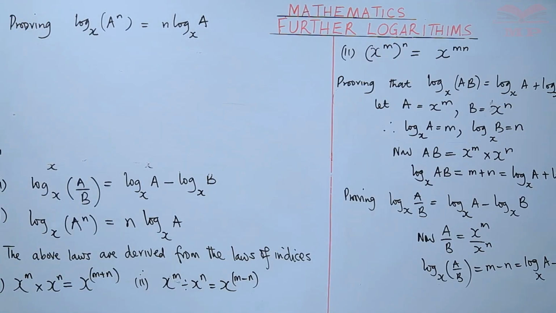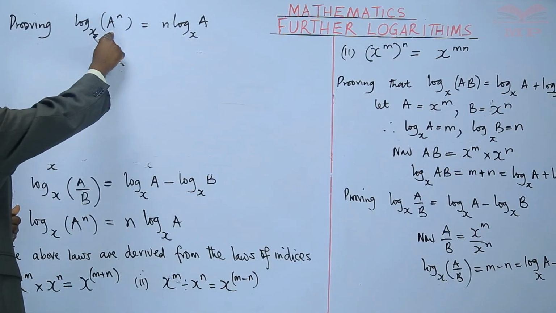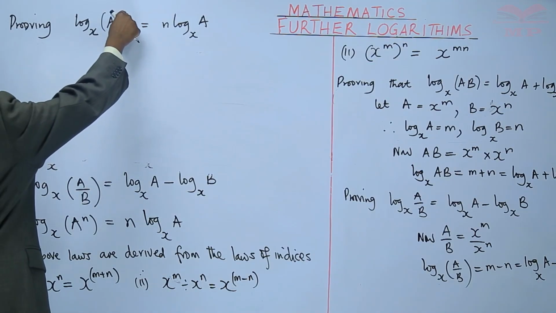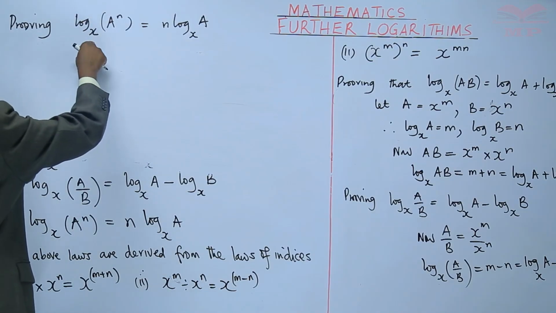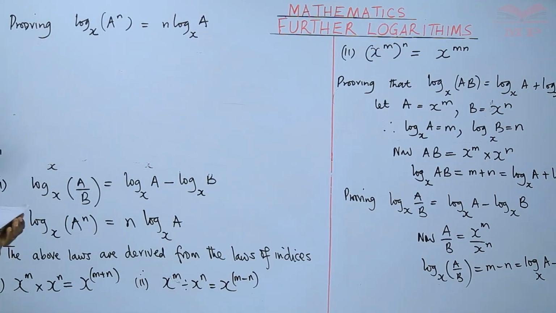I gave an earlier example where this could be 2 raised to 6, so it will become 6 log base x of a. But now let's prove it.